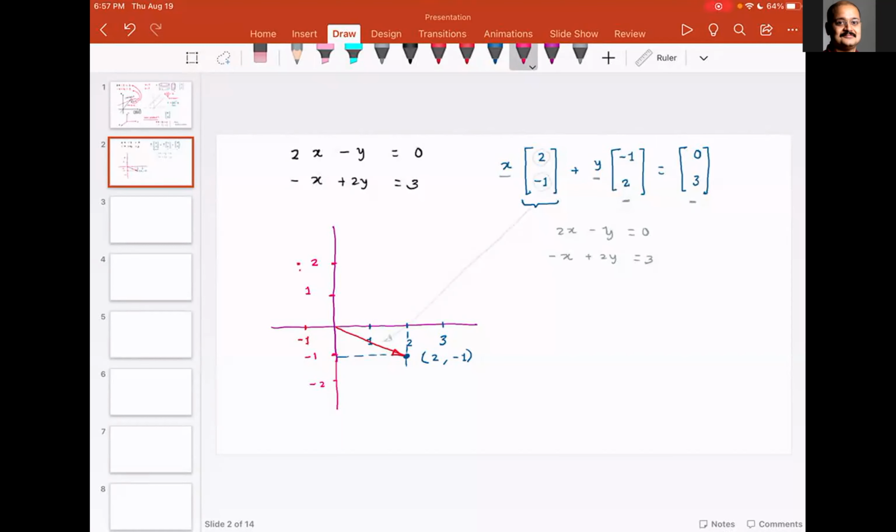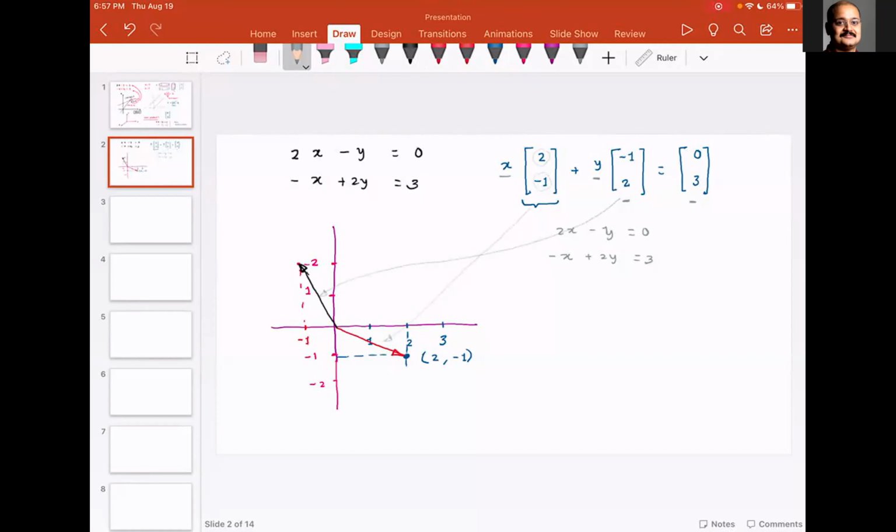So this is the second point, and then I draw the second vector. It seems weird, because these two vectors already meet at (0, 0). So what are we trying to solve for?